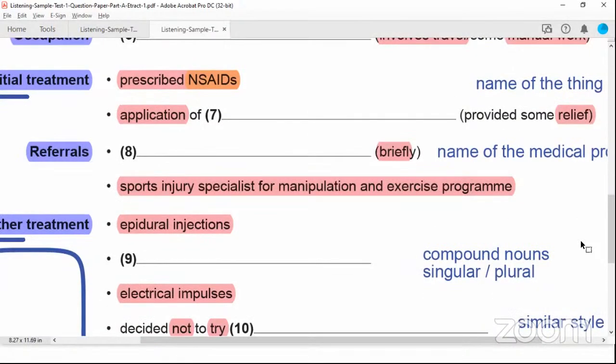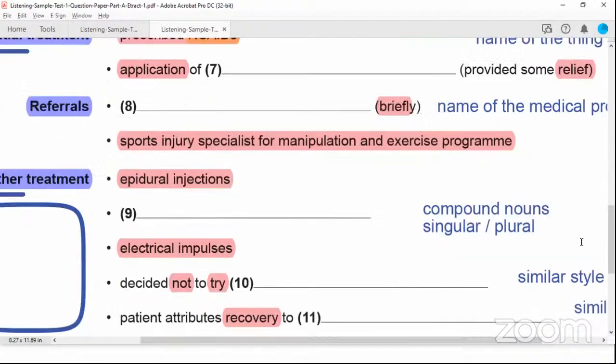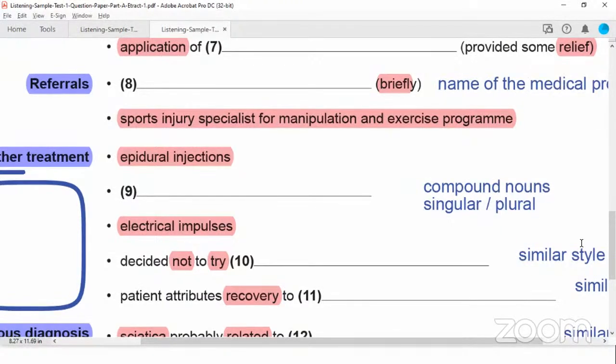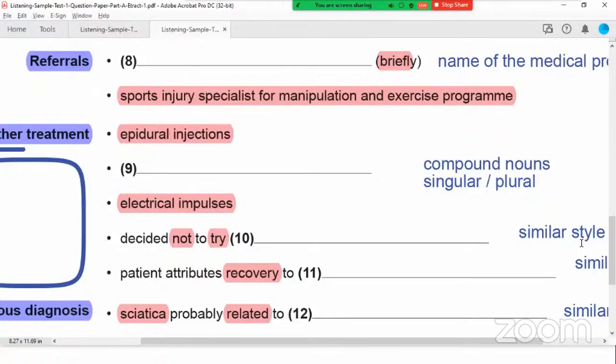Then the GP sent me to see an osteopath, and I got some treatment there, but it didn't seem to make much difference. Right. So I was referred to a sports injury specialist, of all things. And he did a number of things that did seem to ease things a little, like working on my spine and lower legs. Oh, and he gave me a set of exercises to do at home.